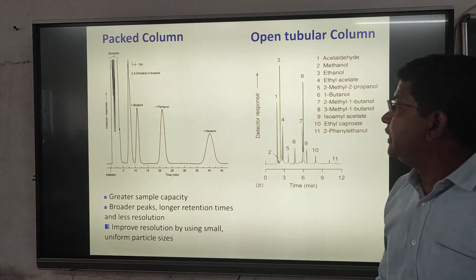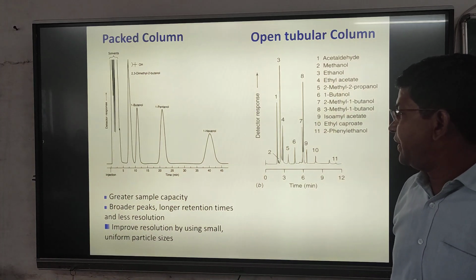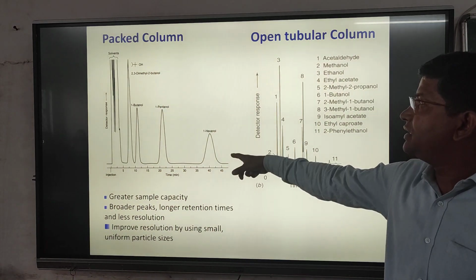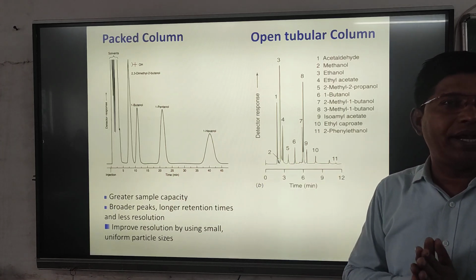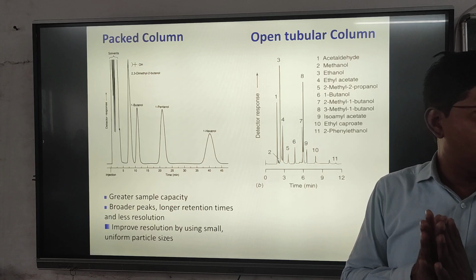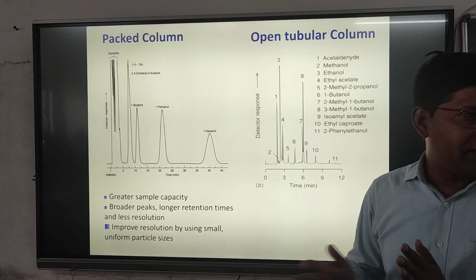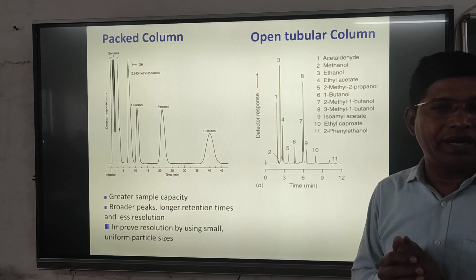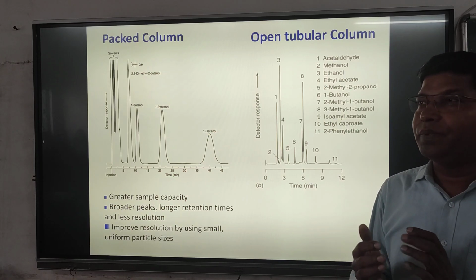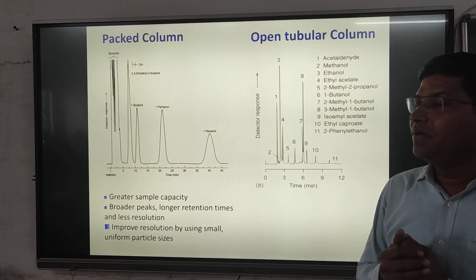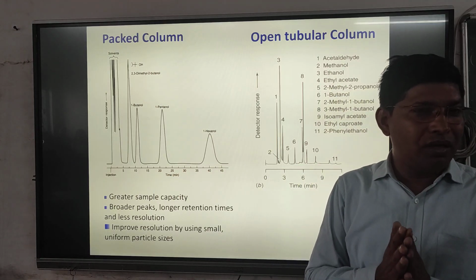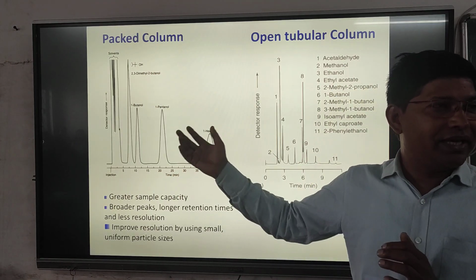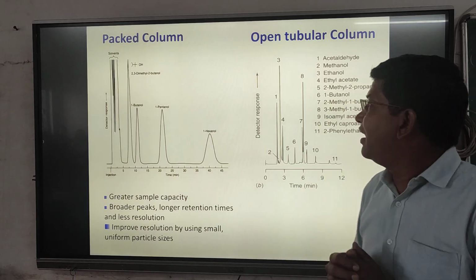But the advantage of this packed column chromatography is we can separate a large amount of compounds in a packed column. Another advantage is we can prepare this packed column in our lab, and it is economical, less cost.